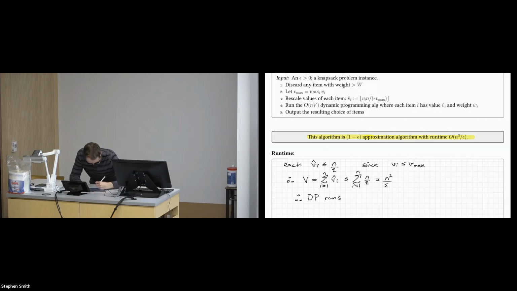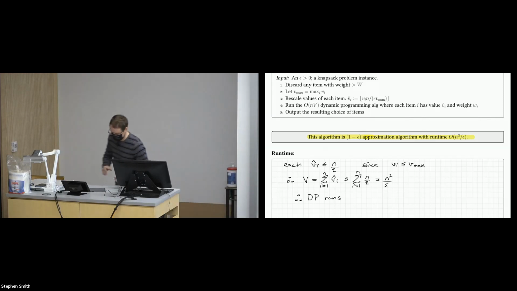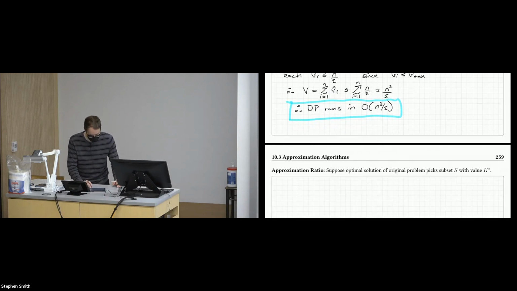And so my dynamic programming algorithm, which runs in n times V time, will be n times n squared over epsilon. It's just going to be n cubed over epsilon. So runtime is pretty easy to see. Approximation factor, it's not hard, but it takes just a little bit more to think about.